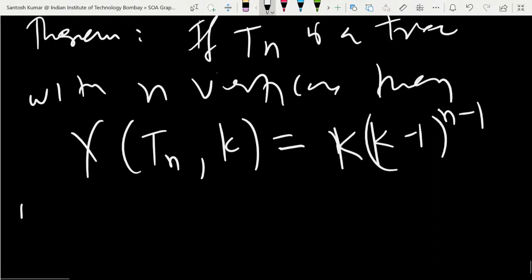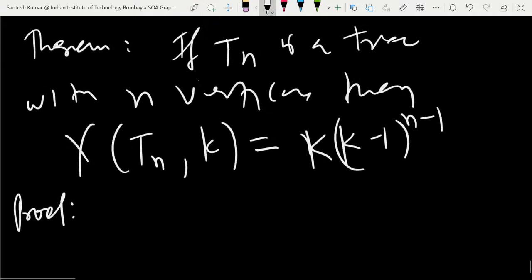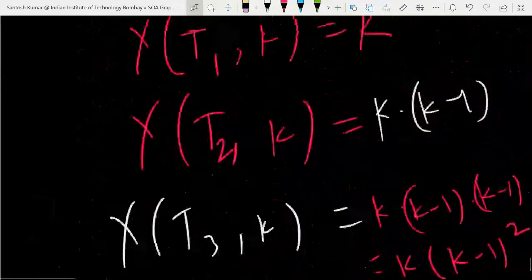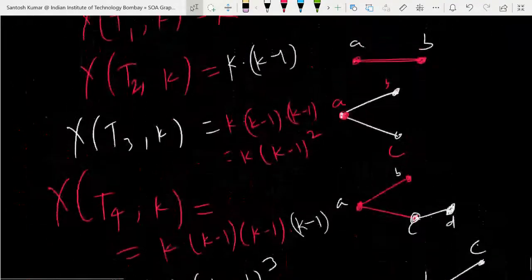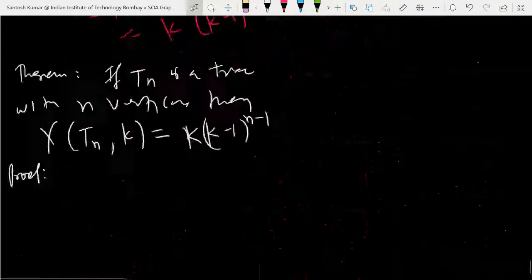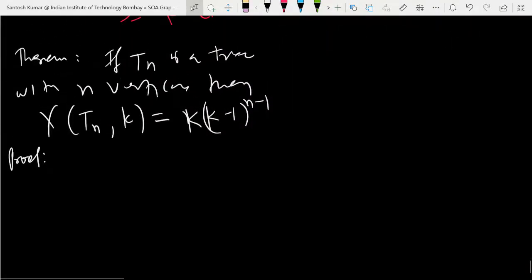For the proof, you can choose any one vertex. Since I started with A everywhere, you can take B as the root, it will not create a problem. Any one vertex you select as a root.